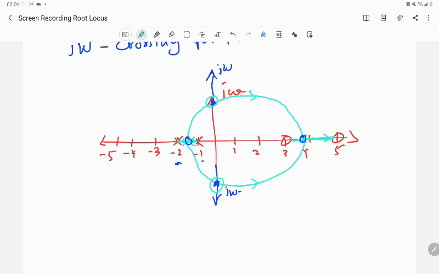So how do you find the point where it crosses the j omega axis?